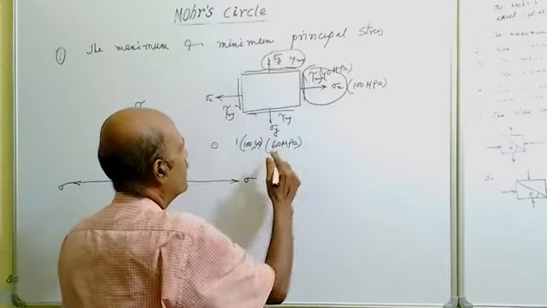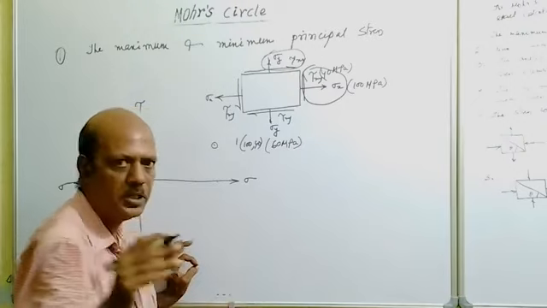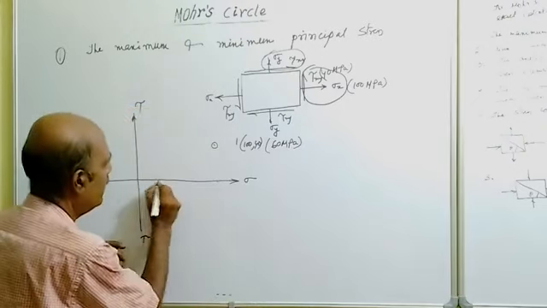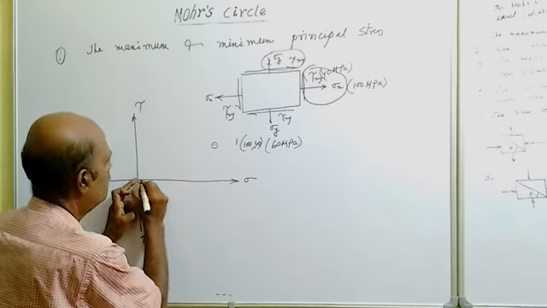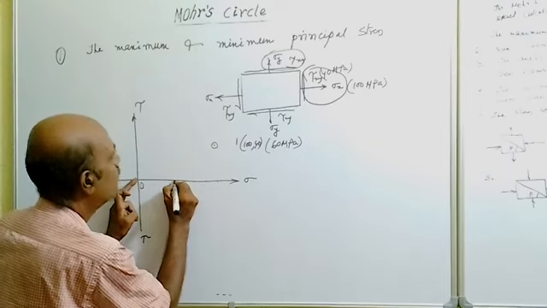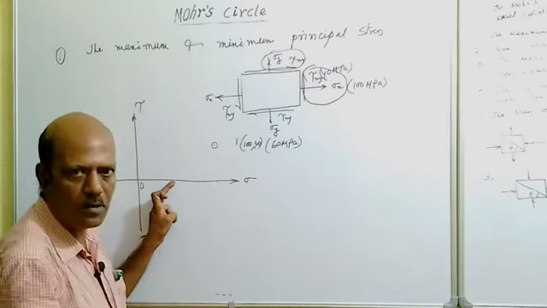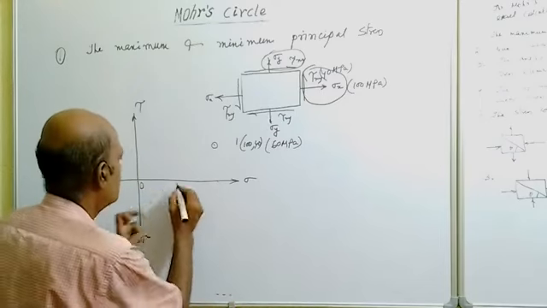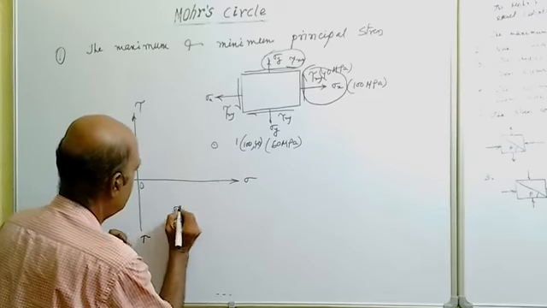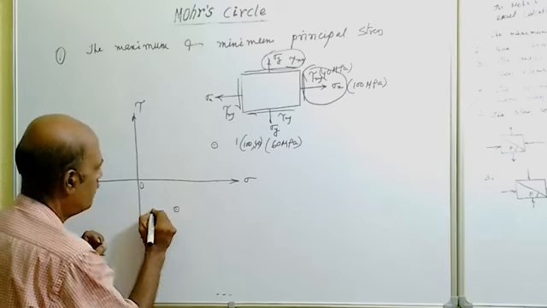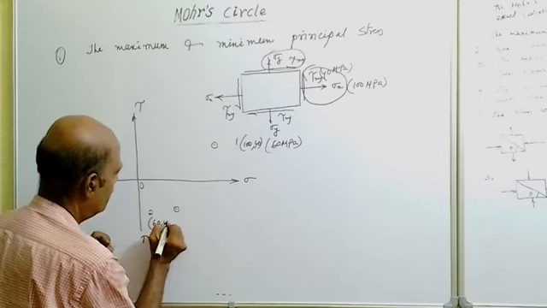Sigma y is 60 megapascal and tau is 40 megapascal, but sigma y is positive and tau xy is in clockwise sense, that is negative. So the point is 60, minus 40. Using the same scale, mark this as point 2.